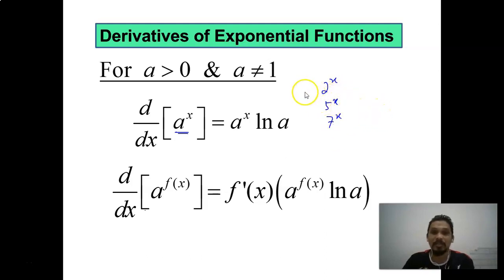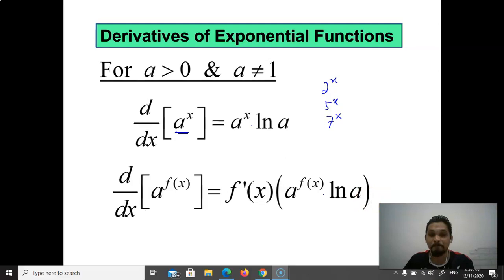As long as the function begins with a, where a cannot be equal to 1 and a is greater than 0, so a equals 2, 5, 4, 6, 7, and so on. So the derivative of a to the power of x with respect to x equals a to the power of x multiplied with natural log of a. And the derivative of a to the power of f(x) with respect to x equals f prime x multiplied with a to the power of f(x) multiplied with natural log of a.